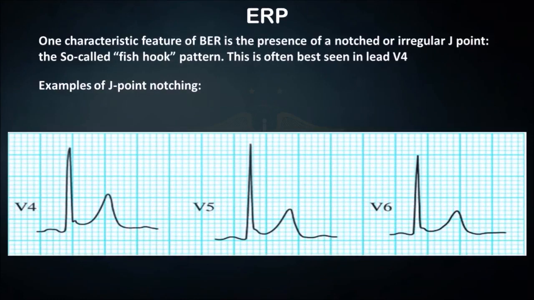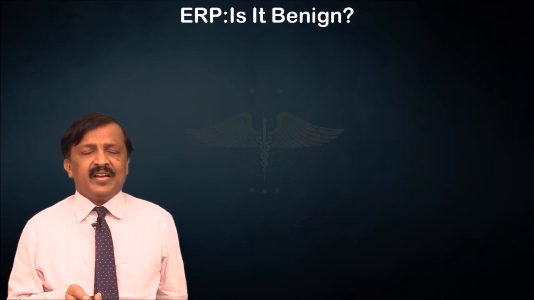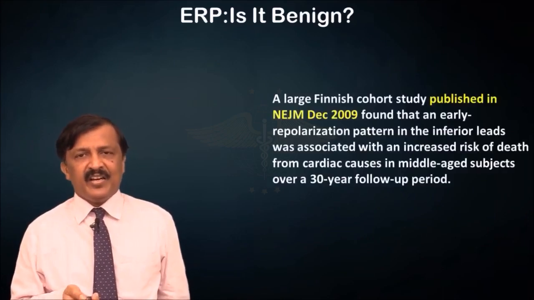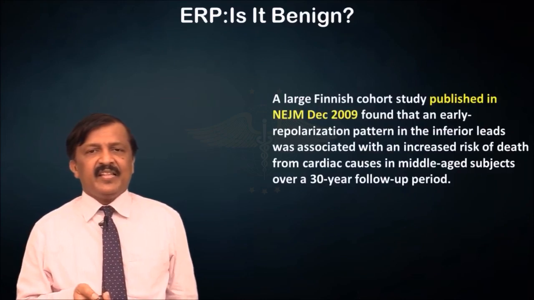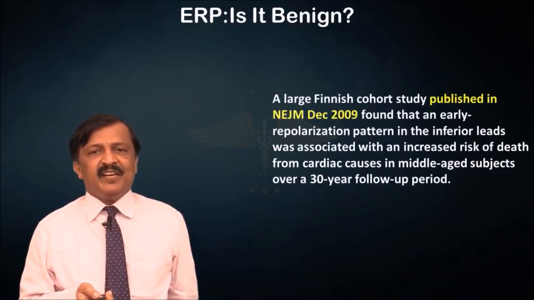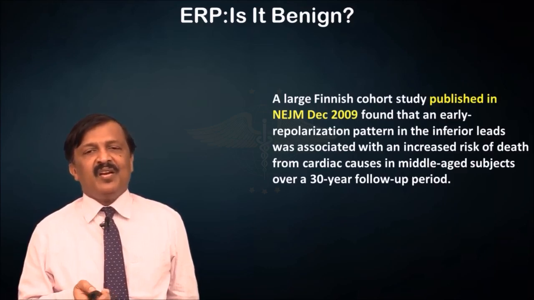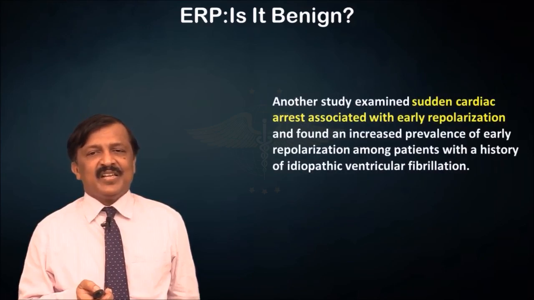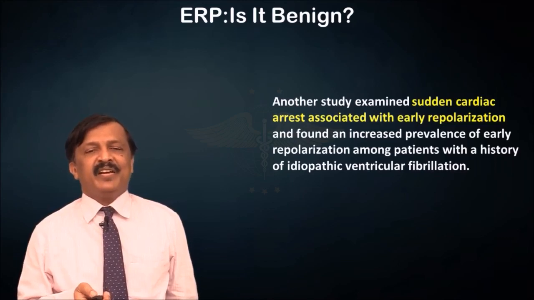a typical early repolarization pattern. Another, more recent article, published in NEJM, a landmark journal, in 2009, says that early repolarization in inferior leads was associated with an increased incidence of death from cardiac causes on long-term follow-up. Sudden cardiac death in early repolarization is one of the hypotheses put forward for idiopathic ventricular fibrillation.